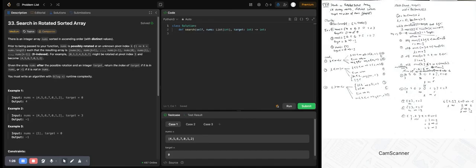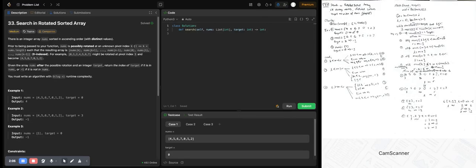For example, 0, 1, 2, 4, 5, 6, 7 might be rotated at pivot 3 and becomes 4, 5, 6, 7, 0, 1, 2. Given the array nums after the possible rotation and an integer target, return the index of target if it is in nums or -1 if it is not in nums. You must write an algorithm with O(log n) runtime complexity.